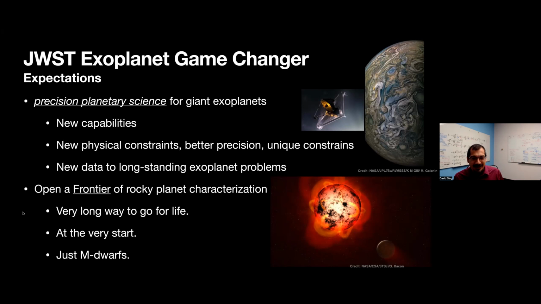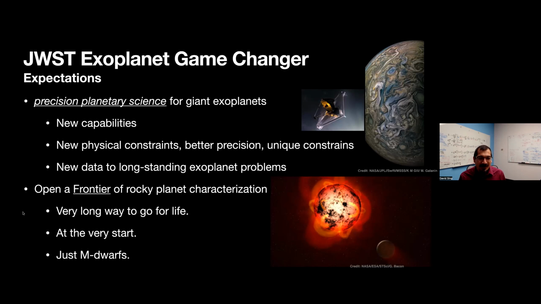And separately, it almost feels like a whole other field of rocky planets. And the expectation is JWST should be able to open up a new frontier on rocky planets. And when you start to talk about rocky planets, there's a whole lot of interest in life on these planets and biomarker signatures.